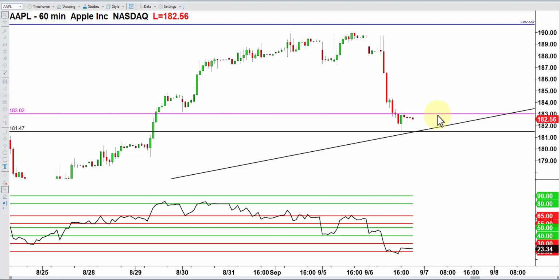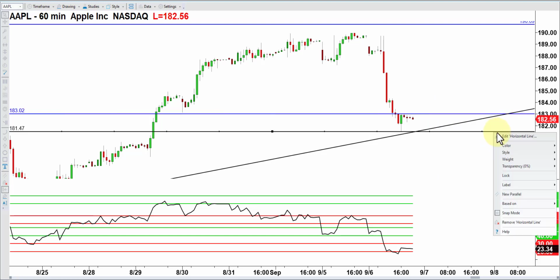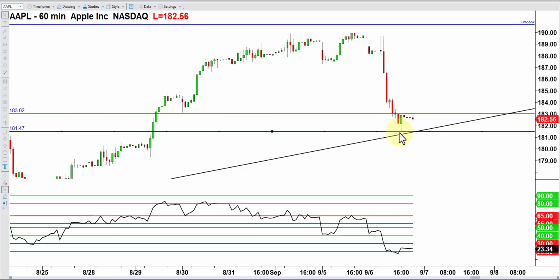So what we want to see is if price action will break above this resistance or below this support. So above 183.02 might be a sign that the bulls are refueling after that blip of bad news. But below 181.47 would fuel a deeper push lower, potentially violating this trend line and more.